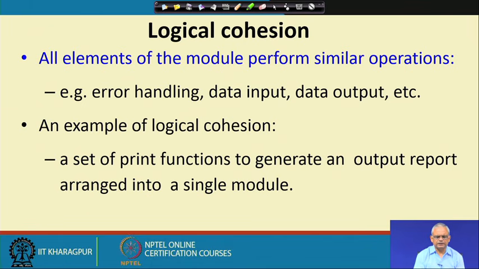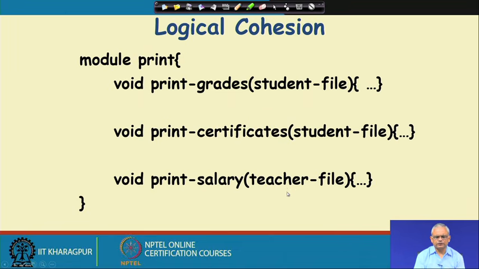Then we say that this module has logical cohesion. That is, the functions are logically related, they are doing similar things, and that is why the designer has put them there. This is also not a very good form of cohesion, slightly better than coincidental cohesion, but still not good.